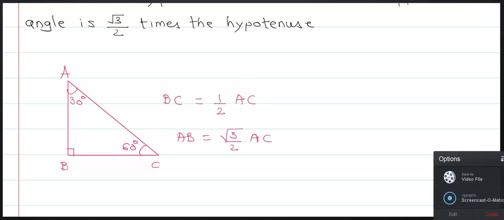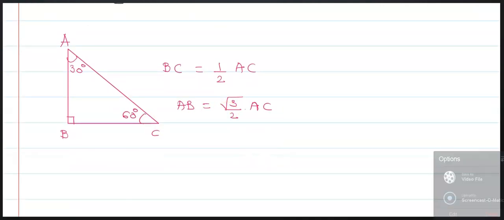This is the property, that is, when in a right angle triangle, the side opposite to angle 30 is half of the hypotenuse and the side opposite to angle 60 is root 3 by 2 times the hypotenuse.